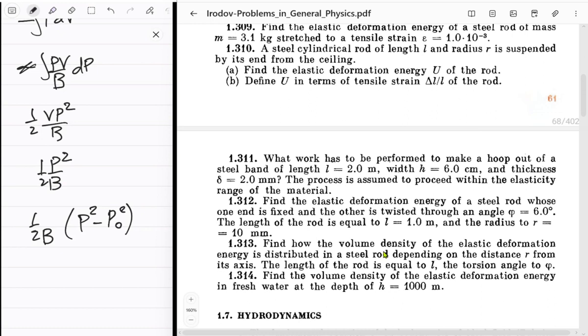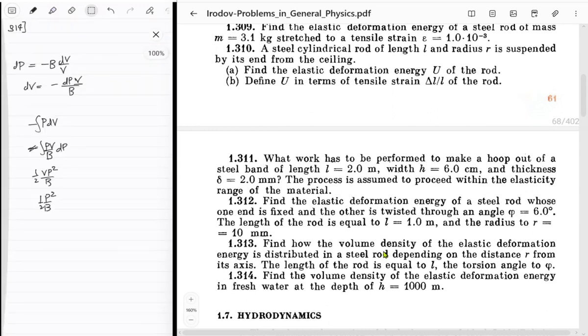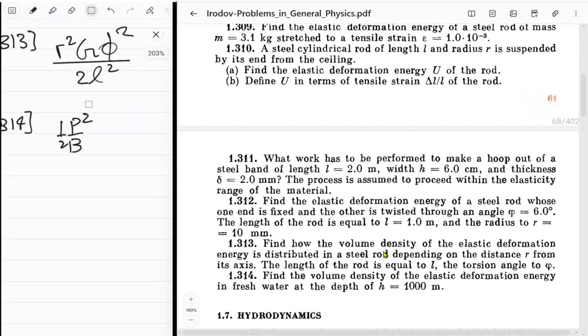Now I'm still going to use P squared upon 2B as the energy density, because this just fits better. And now P is not gauge pressure. Awesome. It's P squared upon 2B, and B is of course the bulk modulus of whatever material you put in water. So yeah, that's it.